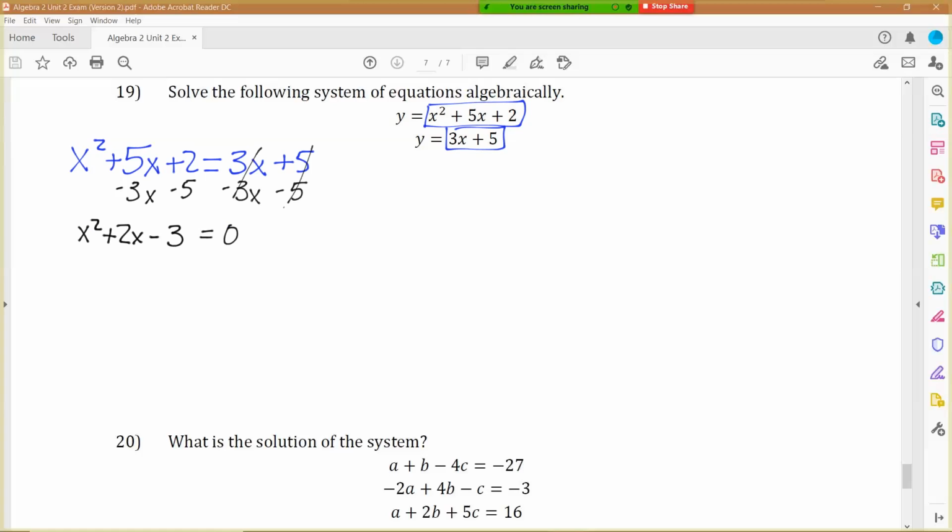Now that we have a quadratic with 0 on one side, we can go ahead and use our asterisks to find our factors. So we have 1 in the top left, 1 in the top right, 2 in the bottom middle, -3 in the top middle, and then we're looking for two numbers that multiply to give us -3, but add to give 2.